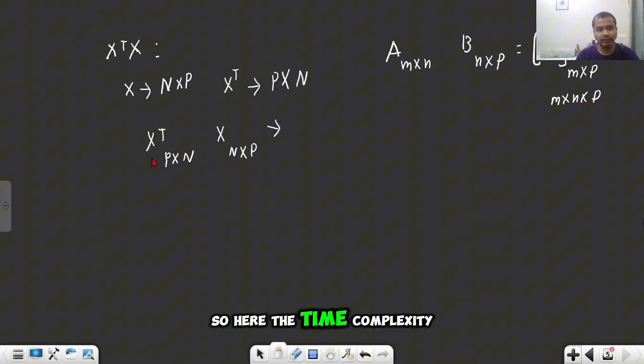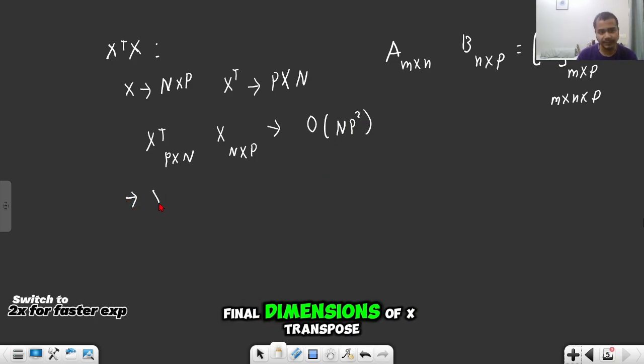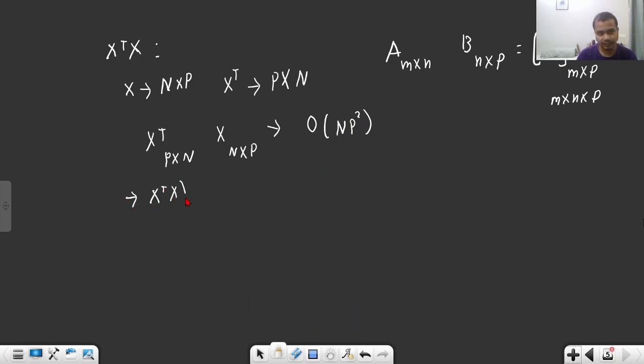So the time complexity needed to calculate this is O of n p square. And the final dimensions of X transpose X are p into p.